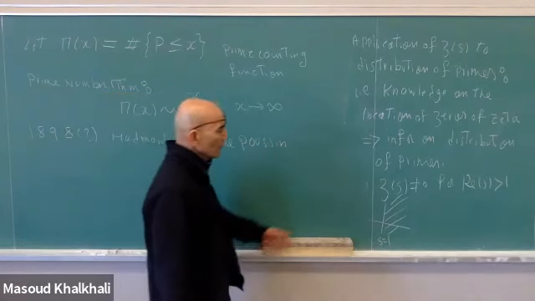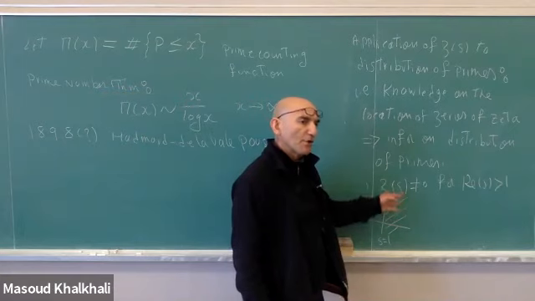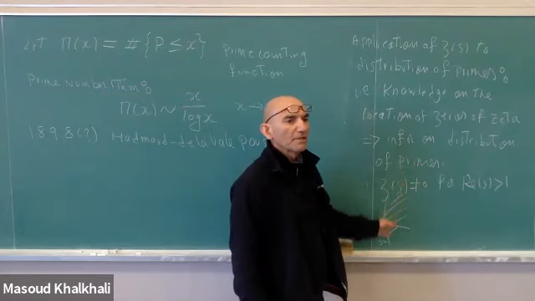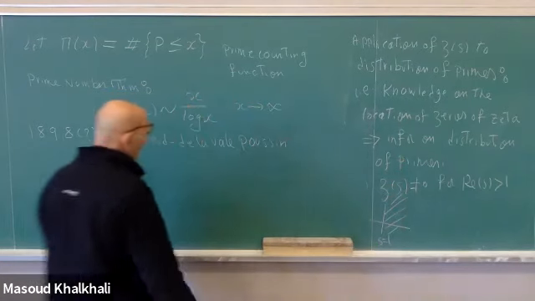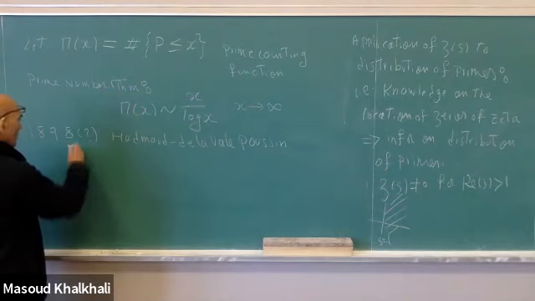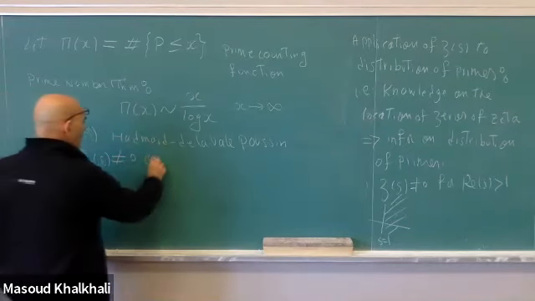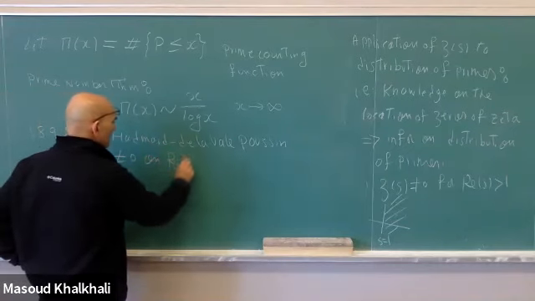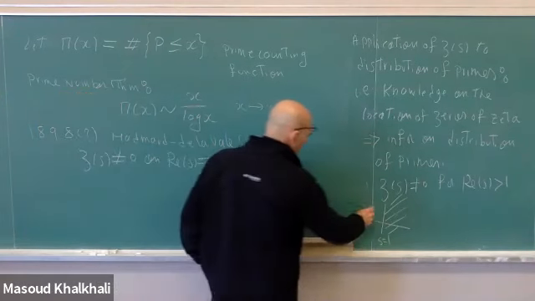The method of proof is very interesting. They showed that this follows from the fact that Riemann zeta actually does not vanish on the line s equal to 1. So zeta of s is different from 0 on real part of s equal to 1, because we know that it can be extended anywhere.